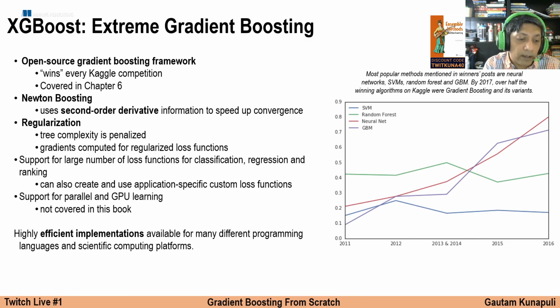So gradient boosting, as the name suggests, uses gradient, which is first order derivative information, right? So it uses derivatives, whereas Newton boosting uses first derivatives as well as second derivatives. And using this extra information helps you build better models, right?